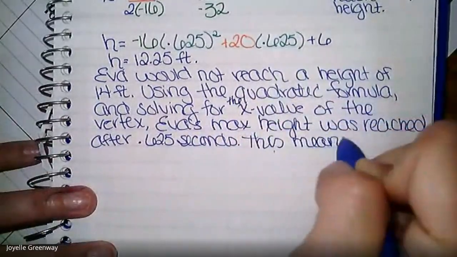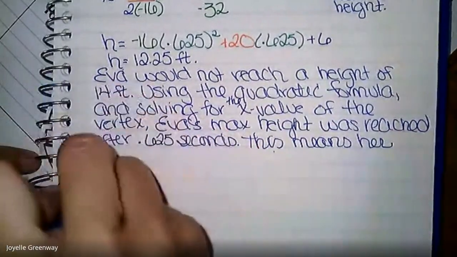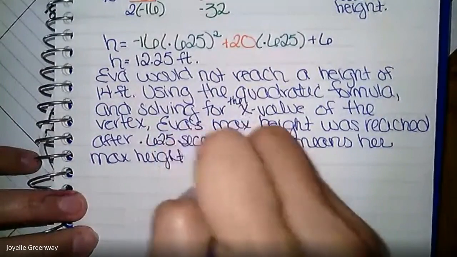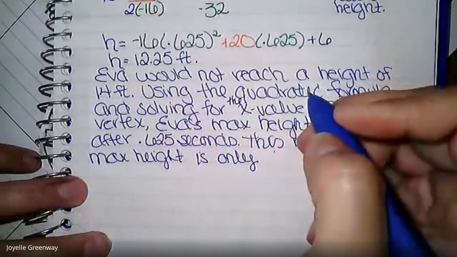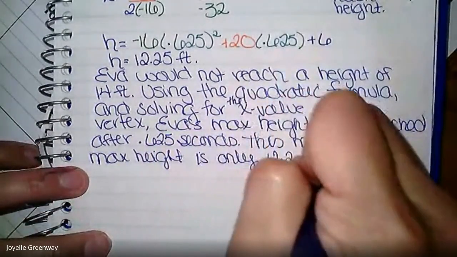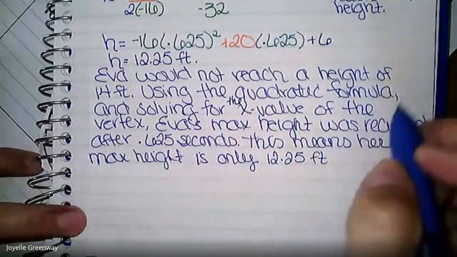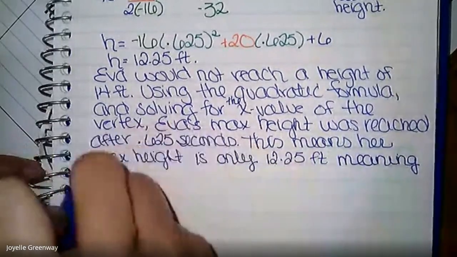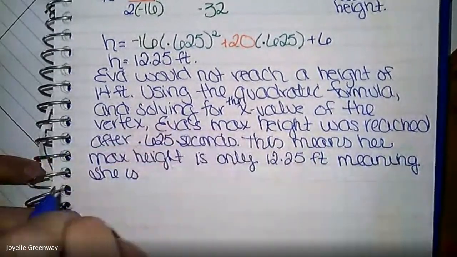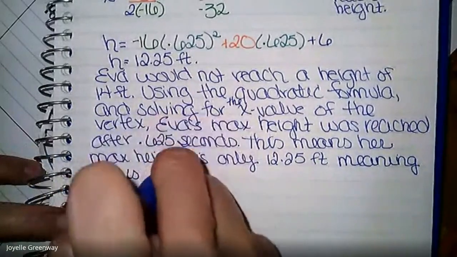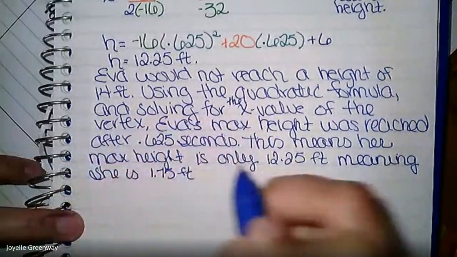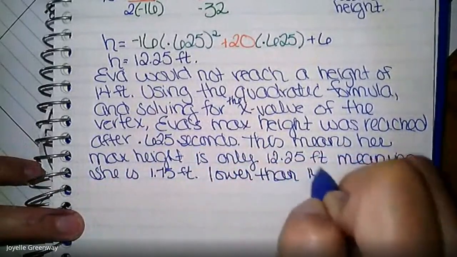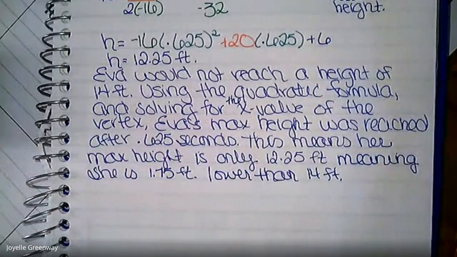This means her maximum height is only 12.25 feet, meaning she is 1.75 feet lower than 14 feet. So something along those lines.